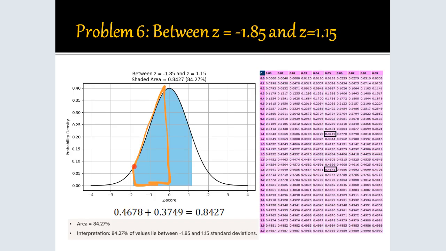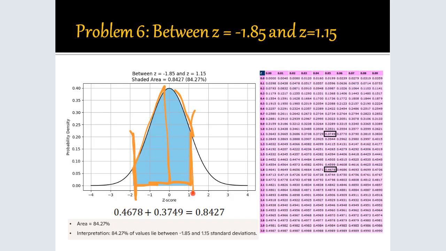Then we also need 1.15. From 0 to 1.15, the area is 0.3749. And what we need is between negative 1.85 and 1.15.